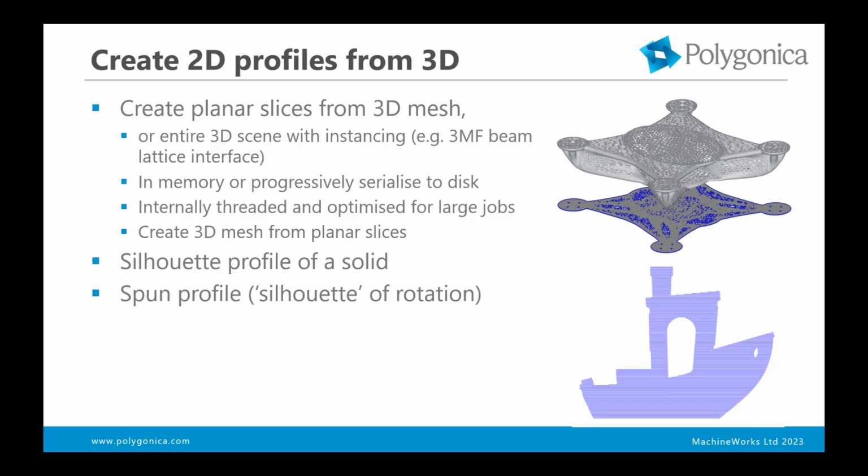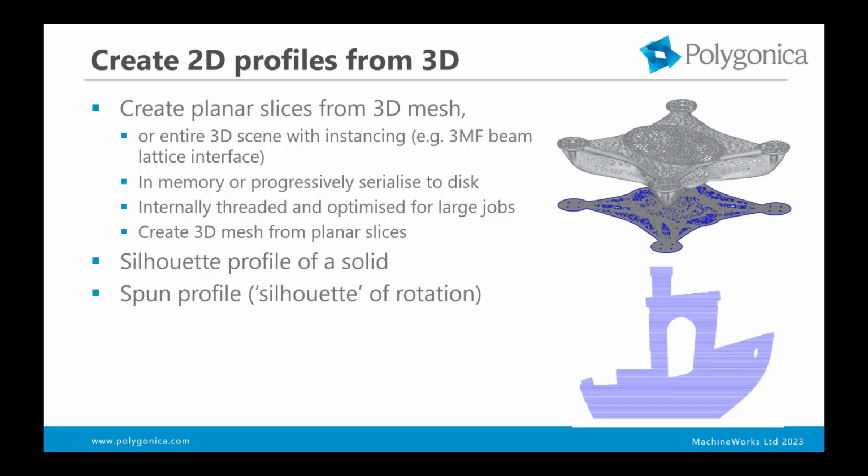So this is really useful in things like the 3MF beam lattice interface, where 3MF defines, I've seen models with many tens of thousands of beam lattices in there. These are parametrically defined cylinders and spheres. And so you can load those in and slice them directly using the Polygonica slicing interface, without having to actually create a full instantiation of every single explicit 3D mesh.